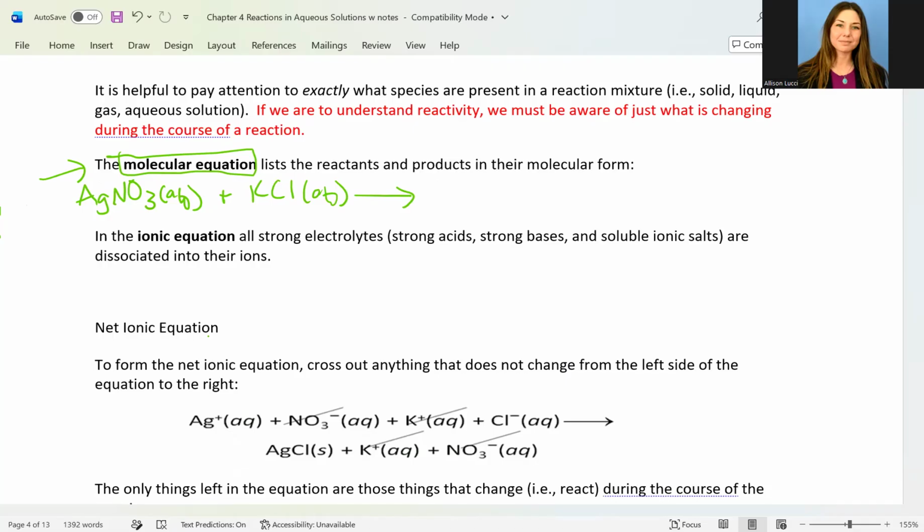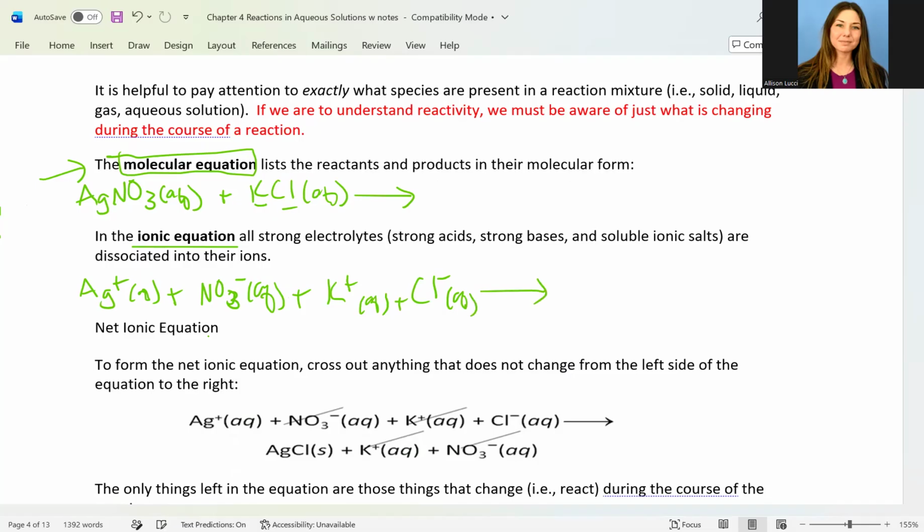This is the molecular equation, but then for the ionic equation, I'm going to break down Ag+ aqueous, and then NO3- also aqueous. And then I'll break down, okay, I have 1 of each, K+ aqueous, and I also have a chloride, Cl- aqueous.